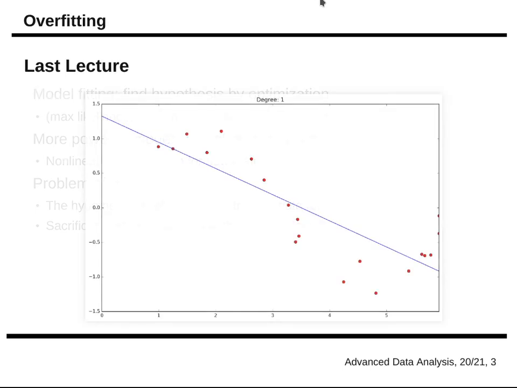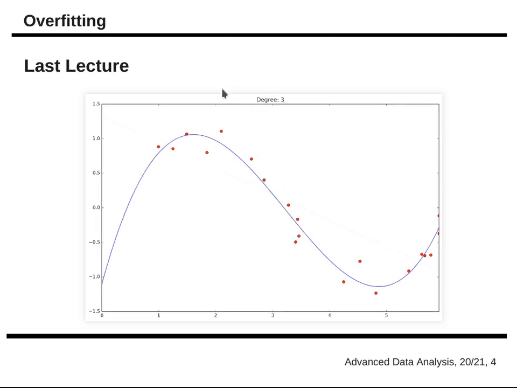One extreme would be to use a model that is too simple and cannot adjust well to the data. In this case, if we try to fit these points with just a polynomial of degree 1, that is a straight line, we cannot get a very good fit because the line cannot accompany the points.